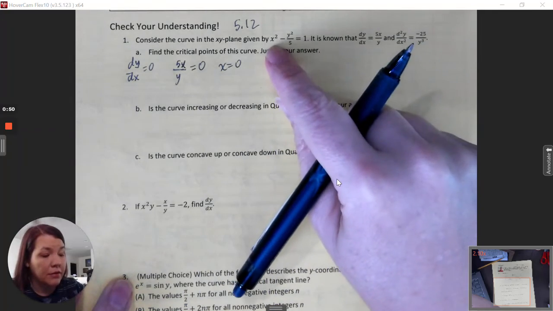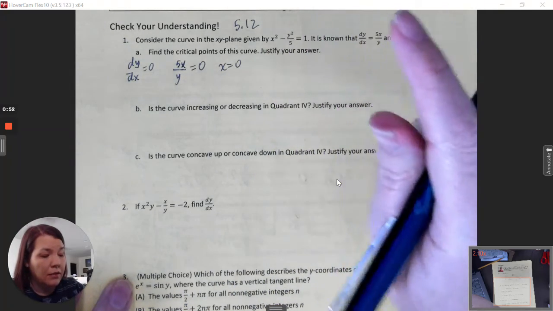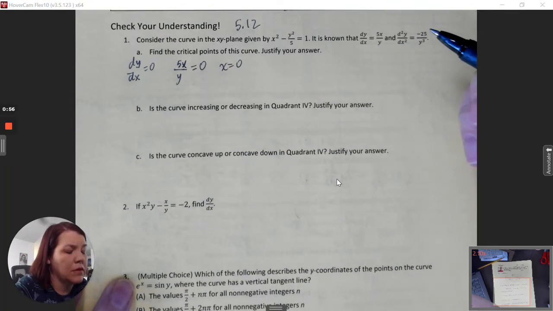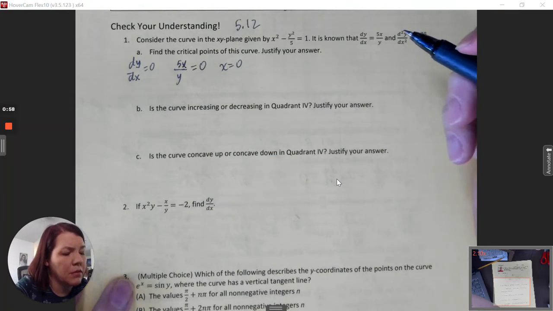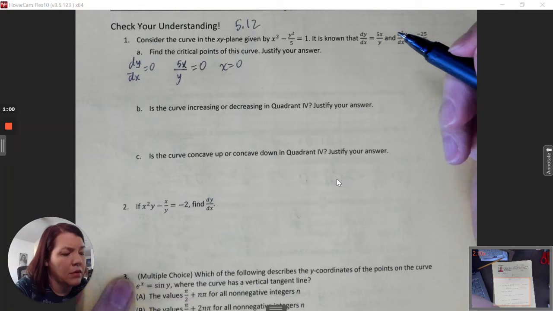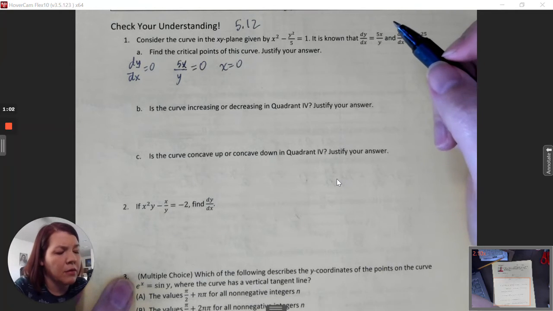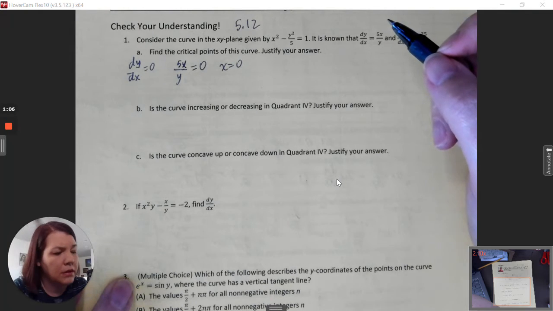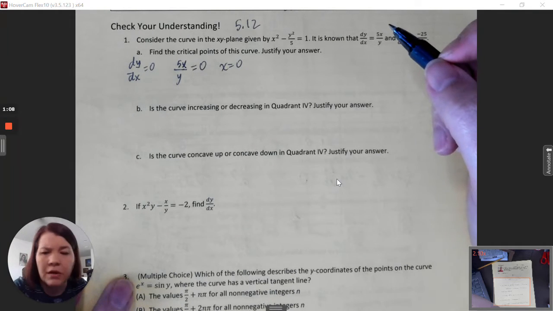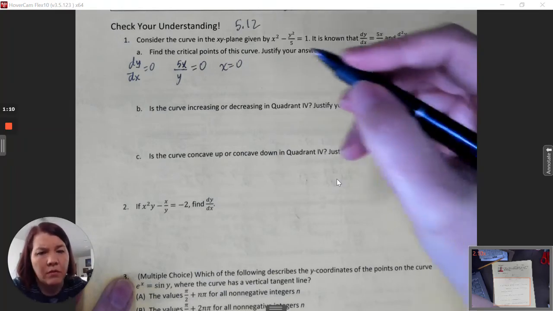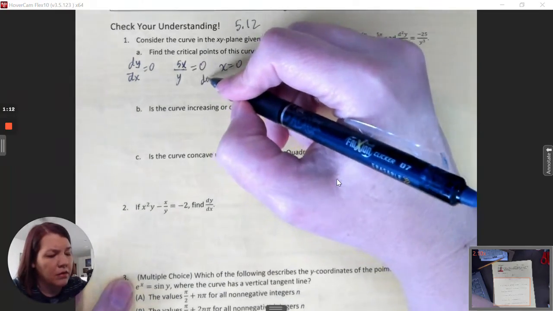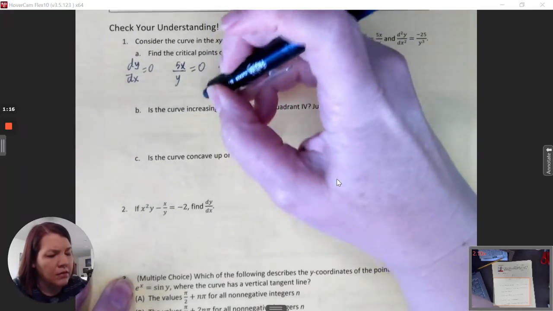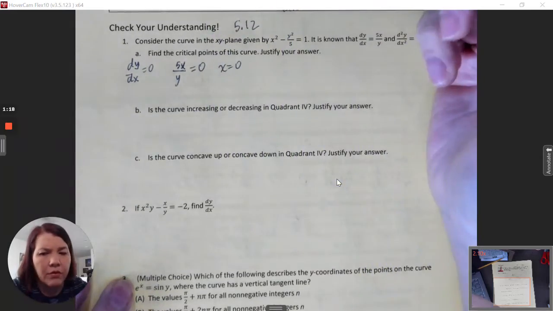So if I plug in 0, I'm going to say that x is never 0 on that hyperbola. This is a hyperbola that opens up and down, but it doesn't go through the origin. So, which does not occur. Well, when x is 0. Doesn't go through the origin, that's not the point.